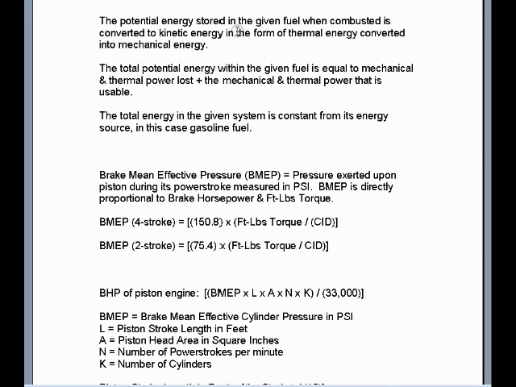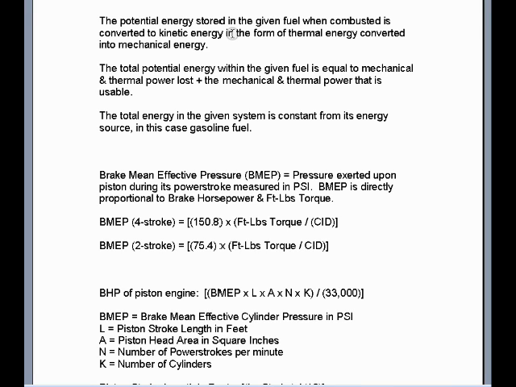The potential energy stored in the fuel, measured in BTU per pound, can also be translated from thermal energy into mechanical energy. The ratio is 1 BTU per minute heat output, or if 1 BTU of thermal energy is released over 1 minute, that equals 17.6 watts of power. 1 horsepower is equal to 746 watts.